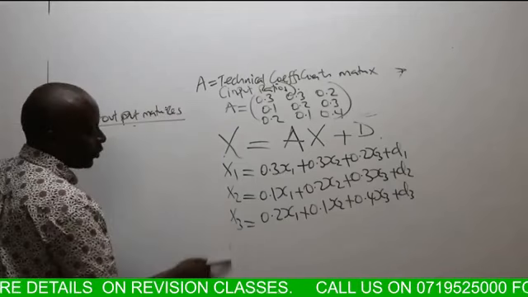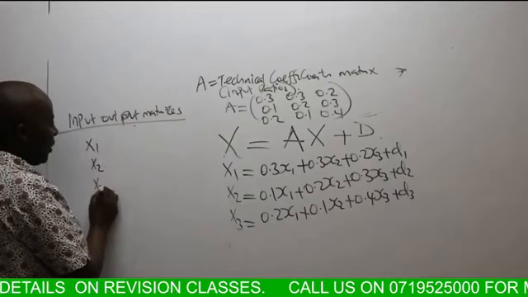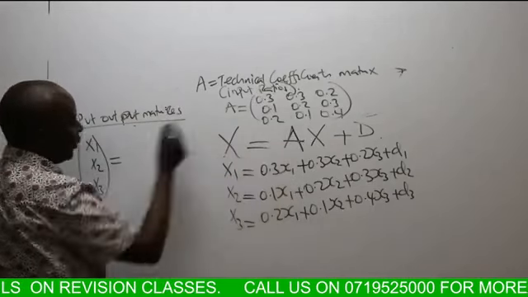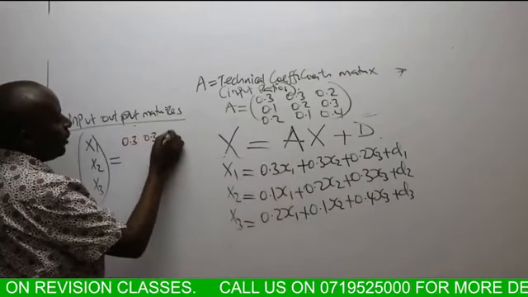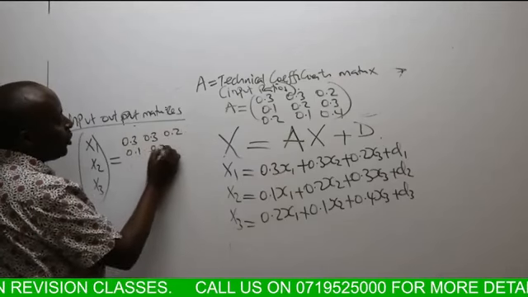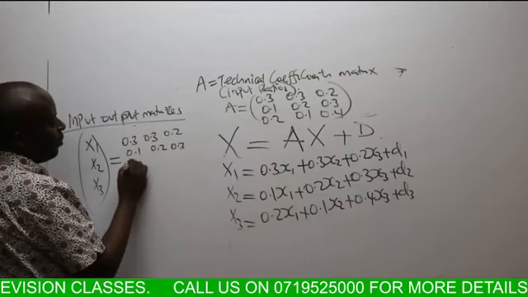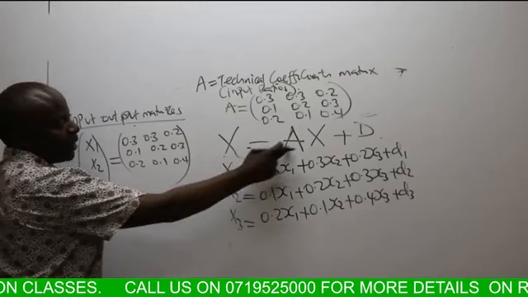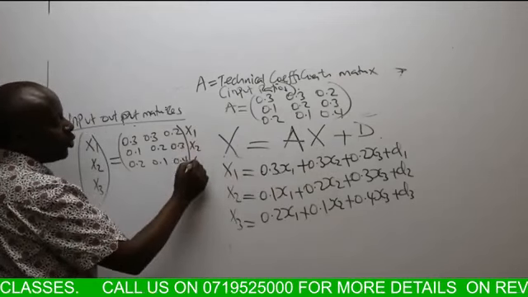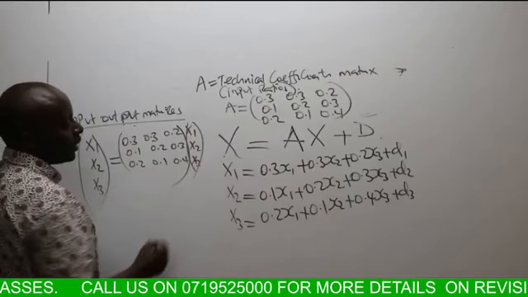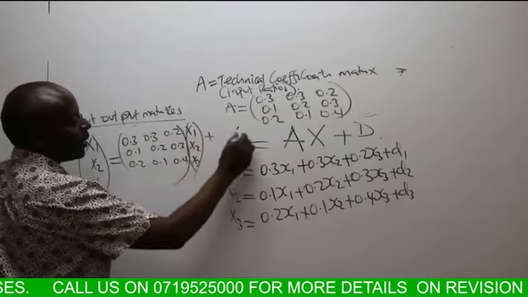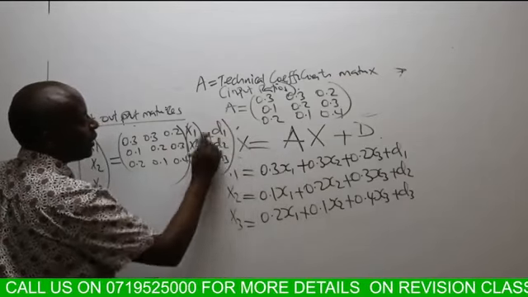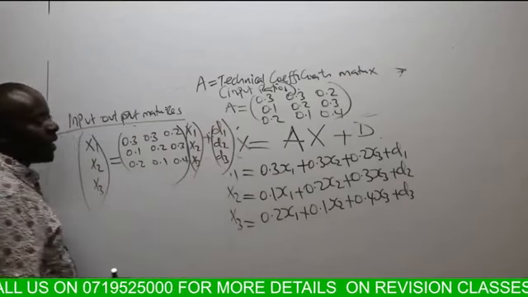We have the first one, which is x1, x2, x3, inside the brackets, equals A, which is 0.3, 0.3, 0.2, 0.1, 0.2, 0.3, 0.2, 0.1, 0.4, times X again, x1, x2, x3, plus D, which is D1, D2, D3. That is what was expected of us in number one.